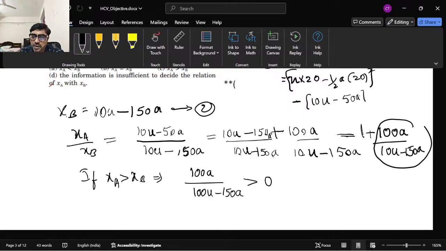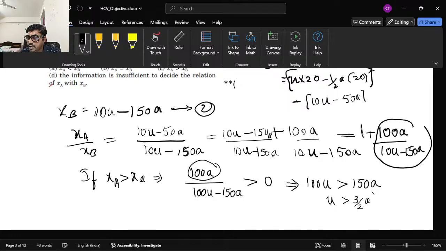The numerator is greater than 0, so the denominator has to be greater than 0. What does it mean? 100U has to be greater than 150A, or U has to be greater than 3/2A. So if this condition is satisfied, then XA will be greater than XB.